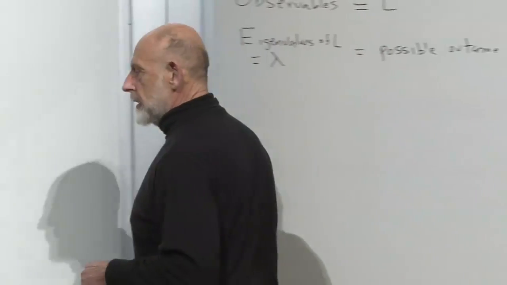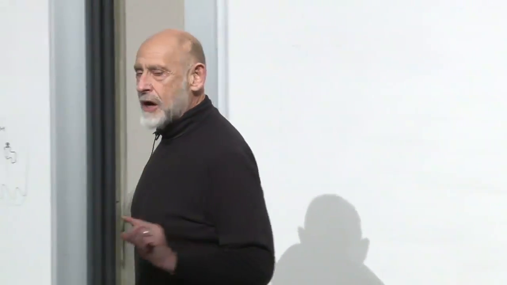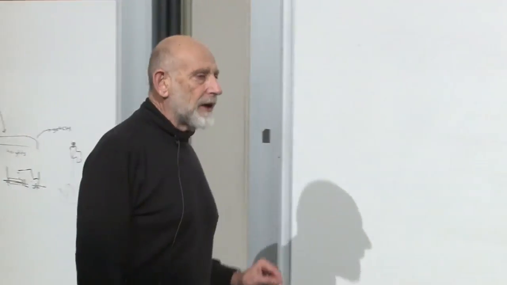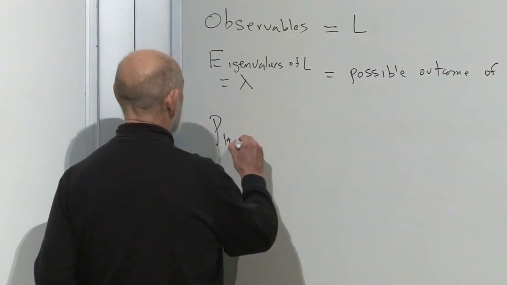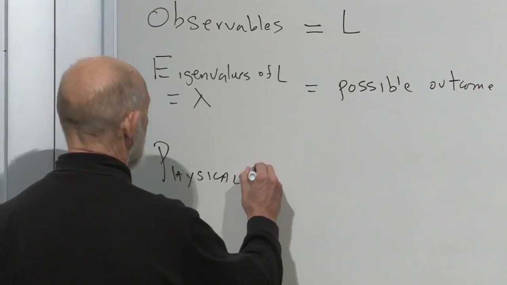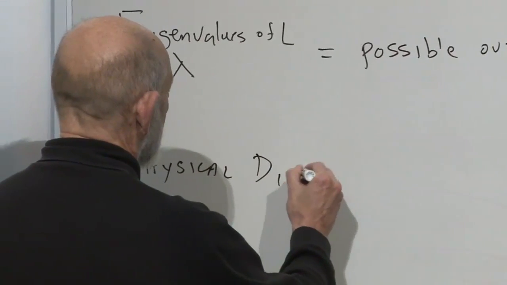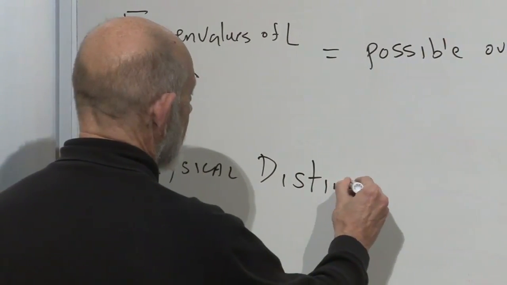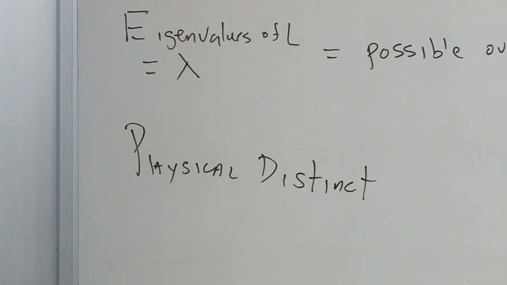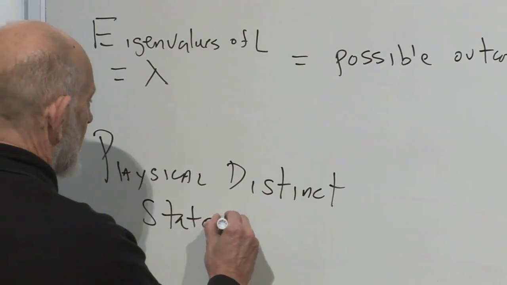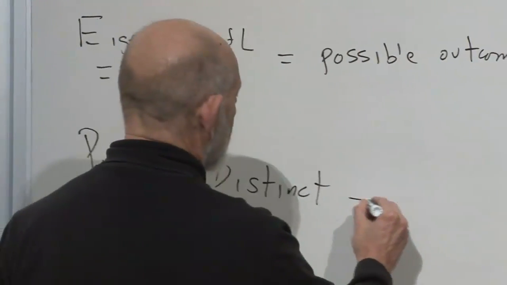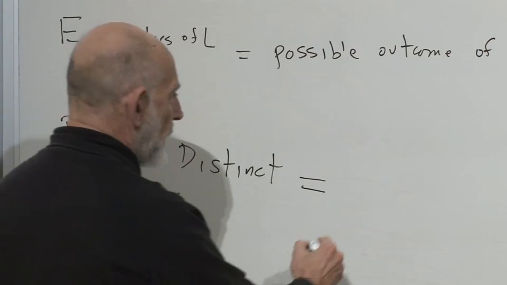The next postulate is that physically distinct or physically distinguishable states are represented by orthogonal vectors. Physically distinguishable, distinct, same thing. A little easier to write distinct. Physically distinct states imply orthogonality.